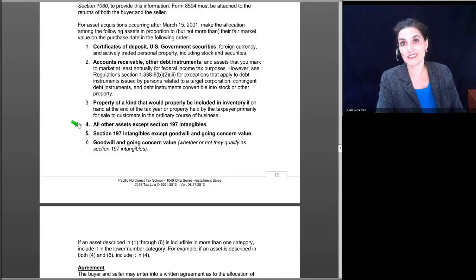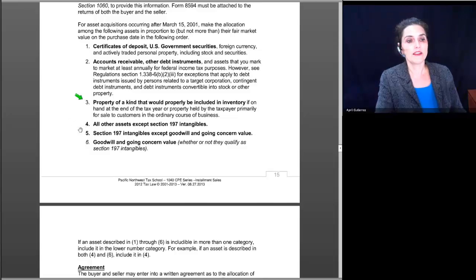And all other assets is essentially all of the items that are physical that you can see and touch, pretty much the Section 1245 and Section 1250 property, such as furniture, buildings, anything that's used for income production that is not inventory. And then number 5, Section 197 intangibles except goodwill and going concern value, and then finally goodwill and going concern value.